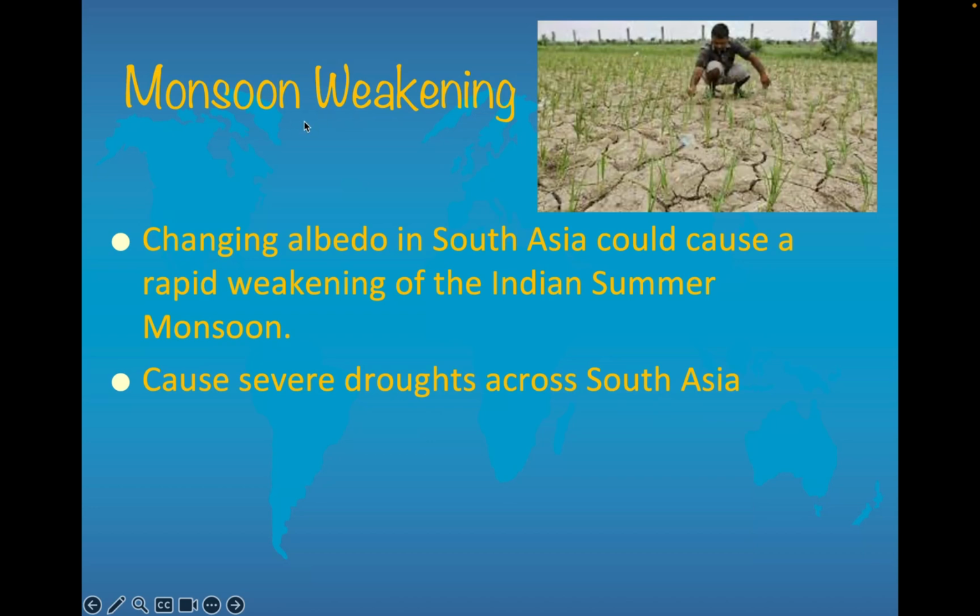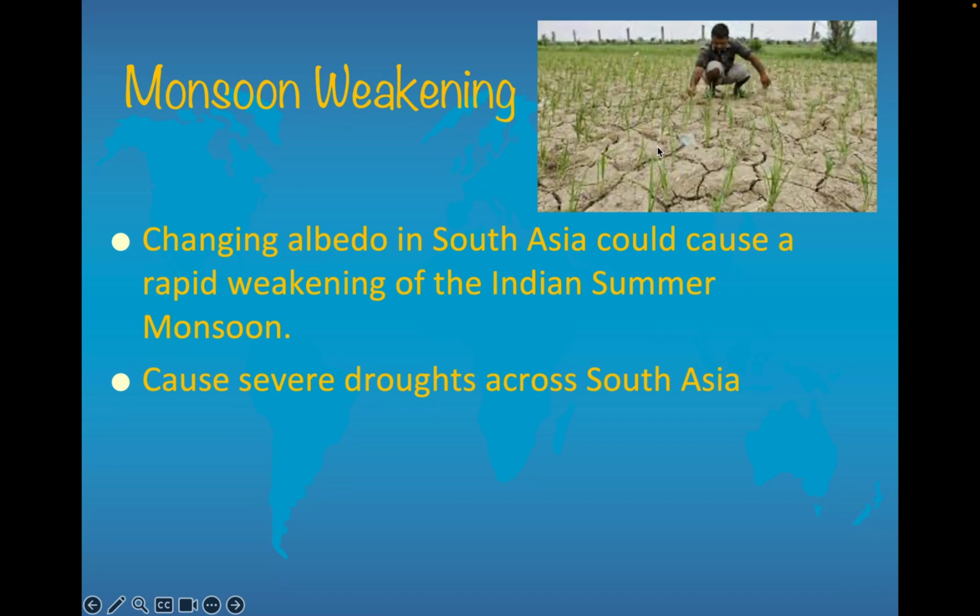Because you might see this and be like, well, monsoon, that's a flooding rain. That sounds bad. But in this area, these people count on that flooding rain season. It gives some communities all of their rain for the whole year. They store it in huge containers. It soaks into the ground for their plants.